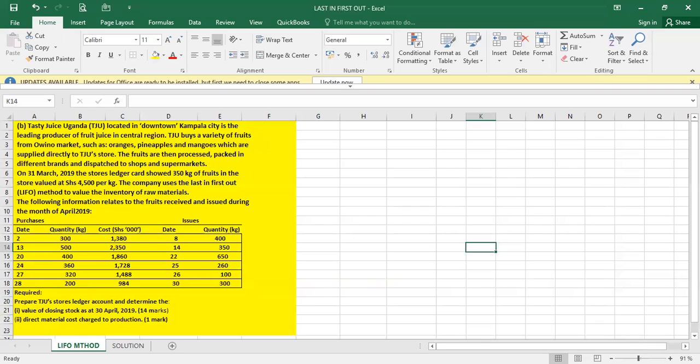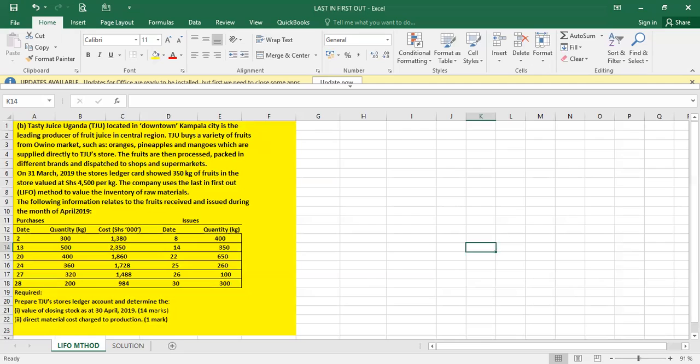The company uses last in, first out, that is the LIFO method, to value inventory of raw materials. The following information relates to fruits received and issued during the month of April 2019.